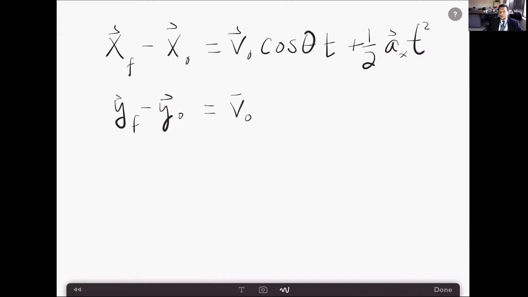So we start off with our initial velocity, and our initial velocity is going to be multiplied by sine of theta. And you'll notice that sine of theta is just the y component. When I say the y component, the initial velocity times sine of theta is just the y component of the initial velocity. That's it. Plus 1/2 a sub y times t squared. Okay? So this is the idea.